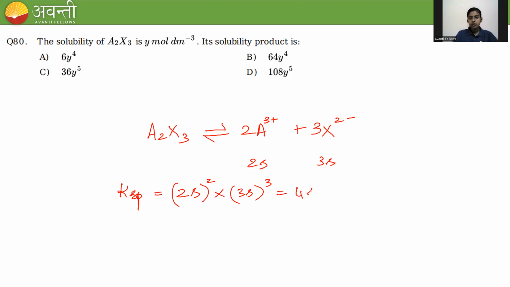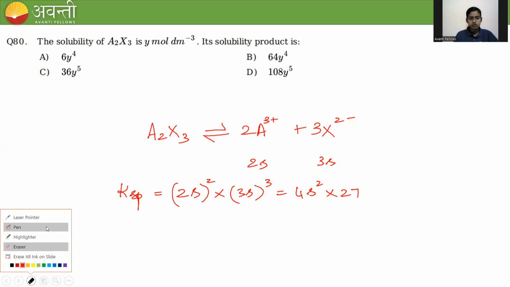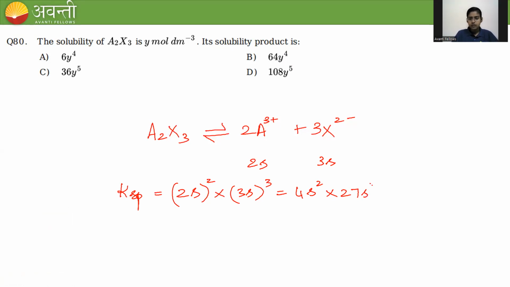So it is 4 into s square into 27 into s cube, that is, 27 into s power 3. So 4 into 27 is 108 into s power 5.